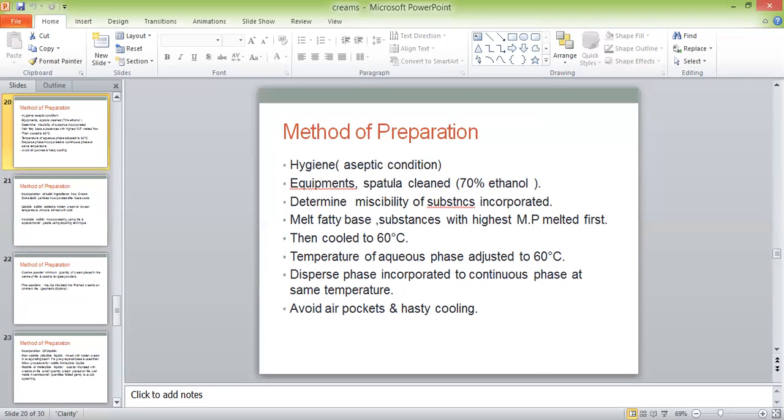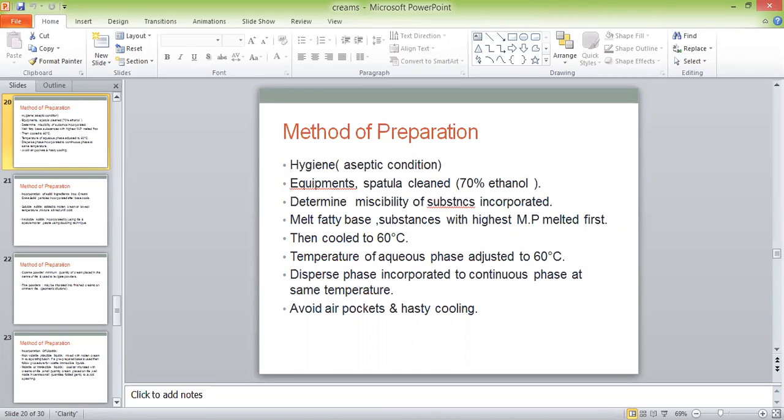Then miscibility of the substances incorporated: you have to check or determine the miscibility of the substances which you are going to incorporate into the base first. Now you have to melt the fatty base, and the substances with the highest melting point are melted first.